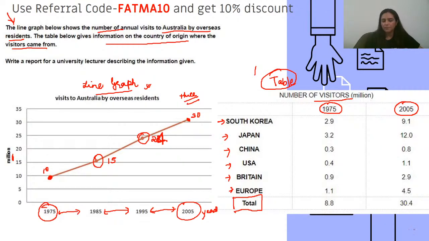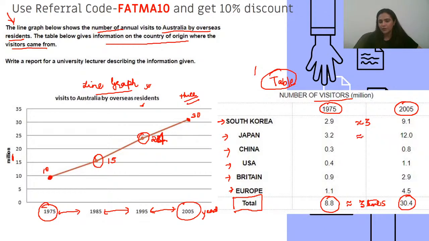Now if I see the total, what's happening with the total one, this was approximately 9 and this is going to 30.4. I'm just giving an approximate figure, 9 to 30 is approximately 3 times, which I did observe over here as well. Now which country had the most and which country had the least is something that I'm going to be observing, right? Let's look. South Korea 2.93, say approximately 3, to 9.1, approximately 3 times increase.